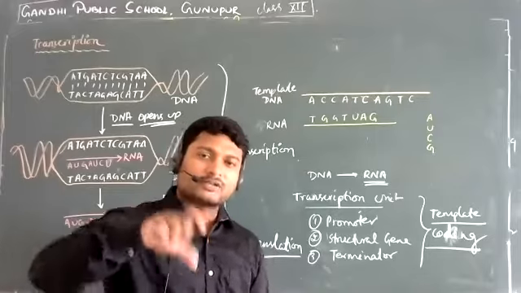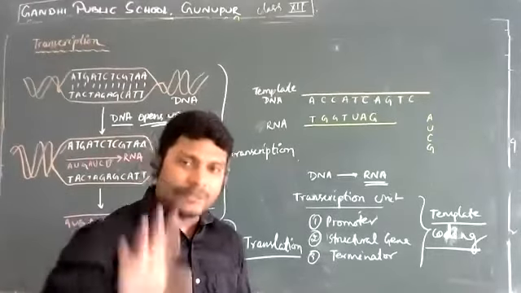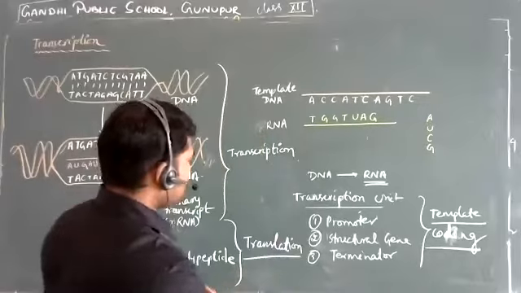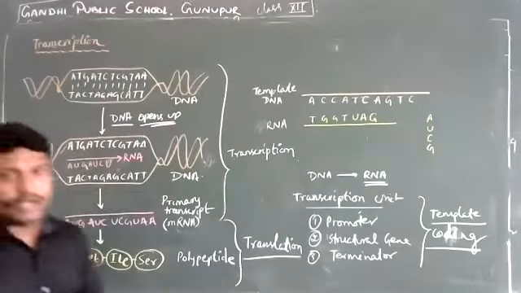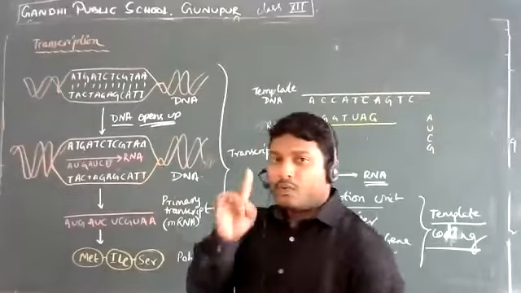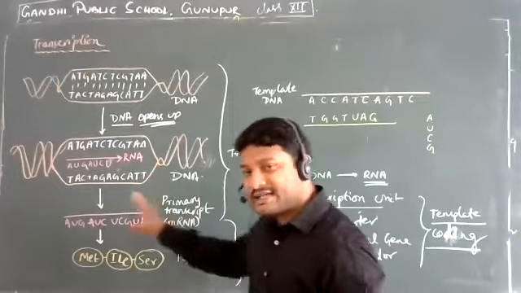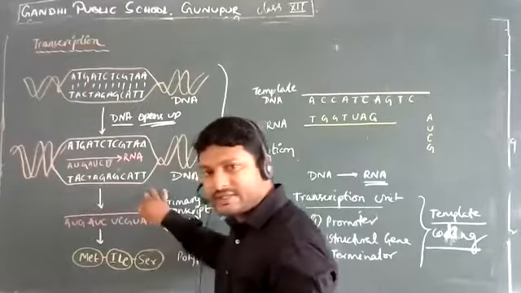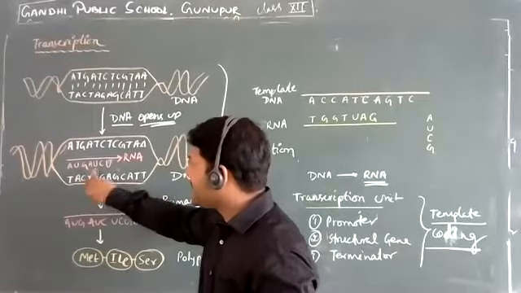Based on the complementary sequence of the template DNA molecule, we are going to get the RNA molecule. Now, here if you see, we have the DNA molecule, and one of the strands is going to act as the template DNA. So in this case, if you can see the sequence, I have a complementary sequence.